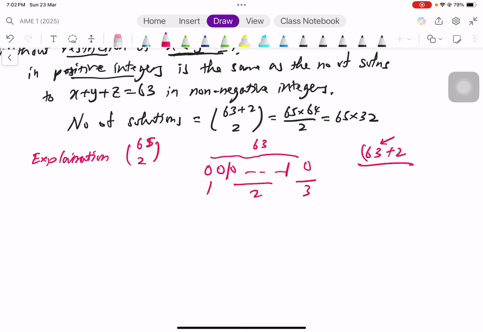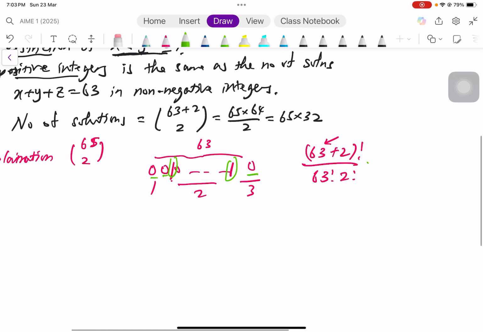This is actually 65 factorial divided by 63 factorial, and then divided by 2 factorial, because the 2 bars are identical, and all the coins are identical. Therefore, what you get is 65 factorial divided by 63 factorial and divided by 2 factorial, and that is actually 65 choose 2.